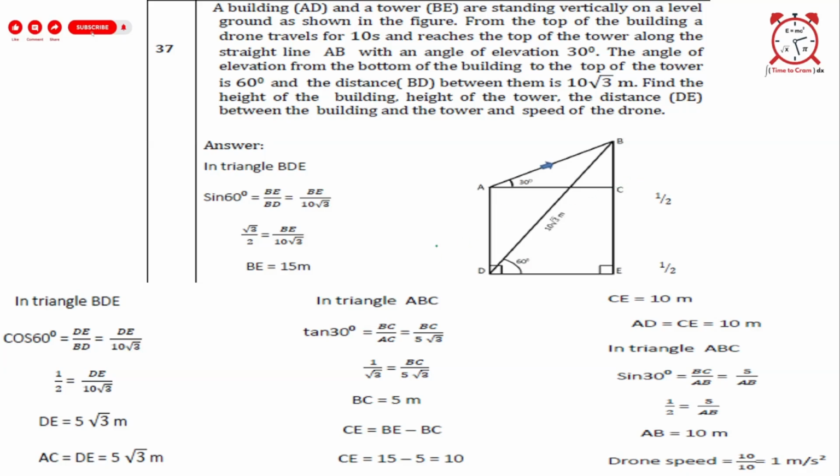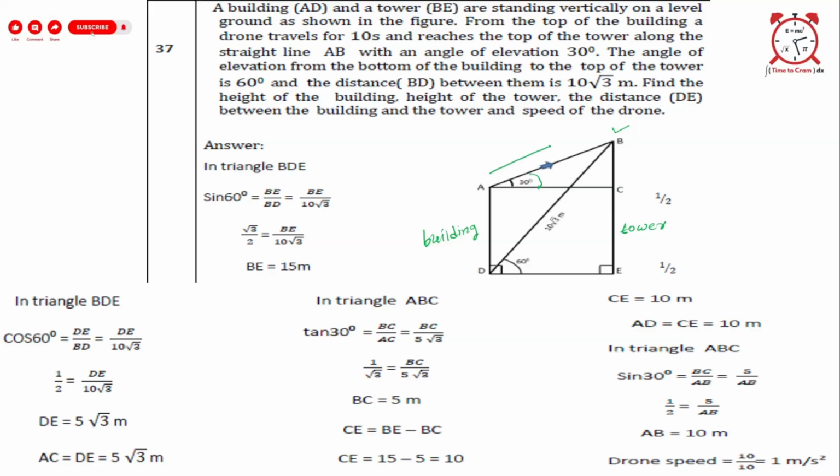This is the building, and this one is the tower. Building AD and tower BE are standing vertically on level ground as shown in the figure. From the top of the building, from here, a drone travels for 10 seconds and reaches the top of the tower along the straight line AB with an angle of elevation of 30 degrees.